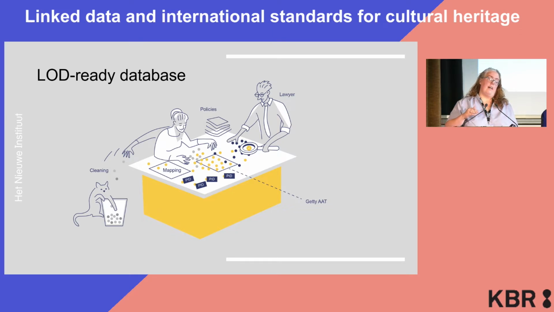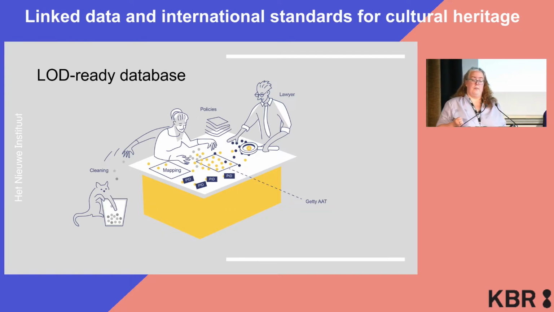And the last step is the data modeling, which is getting the data up to the W3C standards, where we had to review the URIs, are they linked open data ready or not? We had to review all the ontologies that were available and see which were most suitable for the new institute.